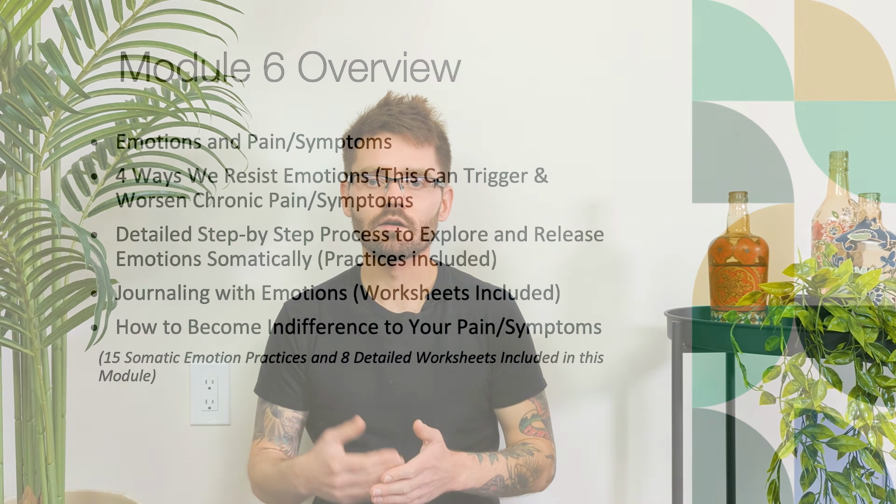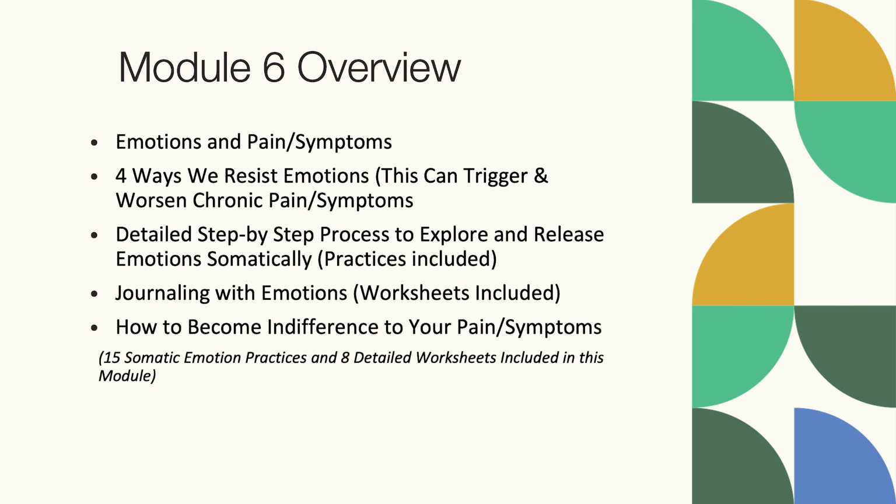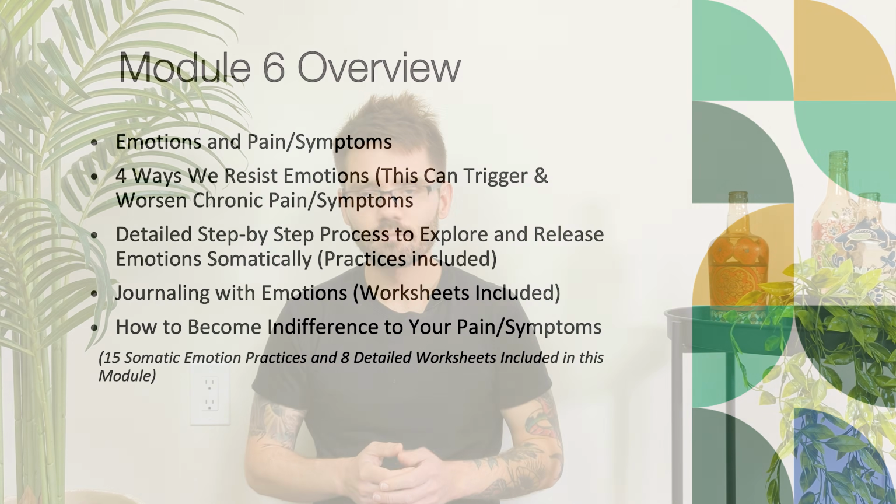And we did that intentionally because this is a trend in our approach that we call the somatic safety method. And by actually doing a lot of brain retraining, we better our chances of healing. Now in module 6, we have 15 somatic emotion practices and 8 detailed worksheets. So, a lot of practices in that module.